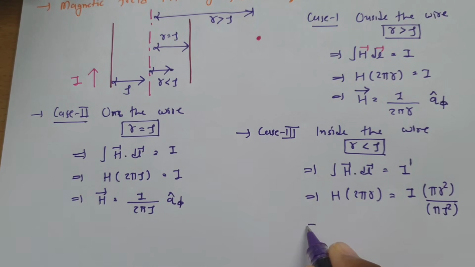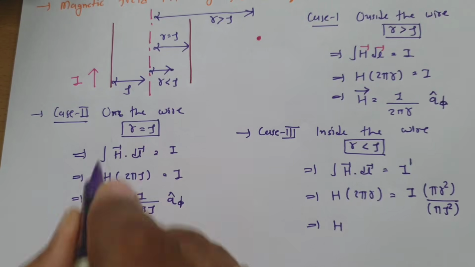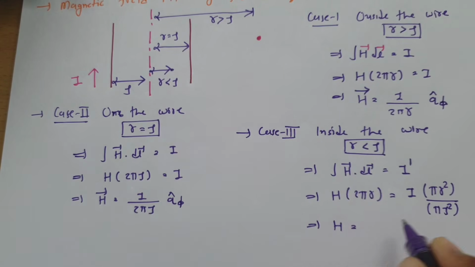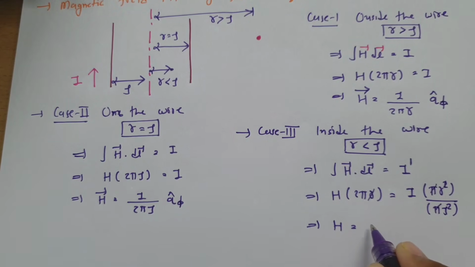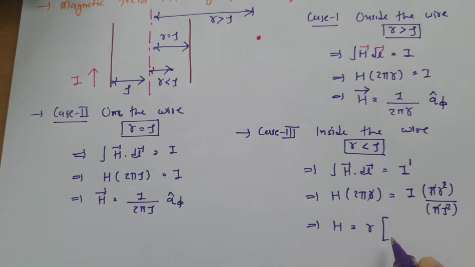And now you can have the total magnetic field inside the wire: H is equal to, you can see this pi will get cancelled and one r will get cancelled, so we can say this will be r into I divided by 2 pi rho square.